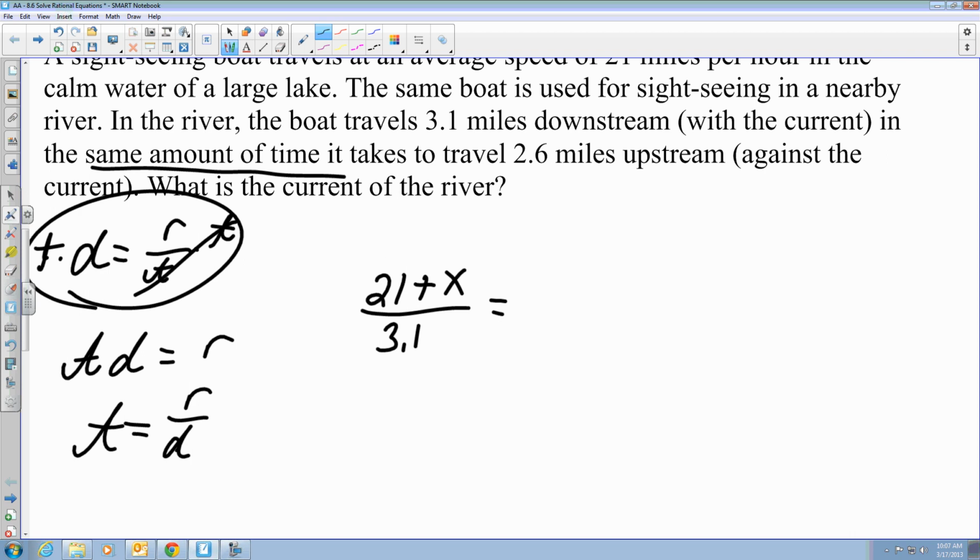It equals 21 minus x, because it was going upstream, divided by 2.6 miles.